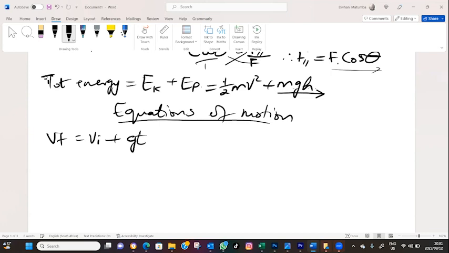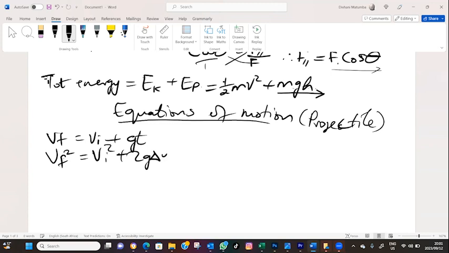You will note that all my formulas are for projectile motion only.